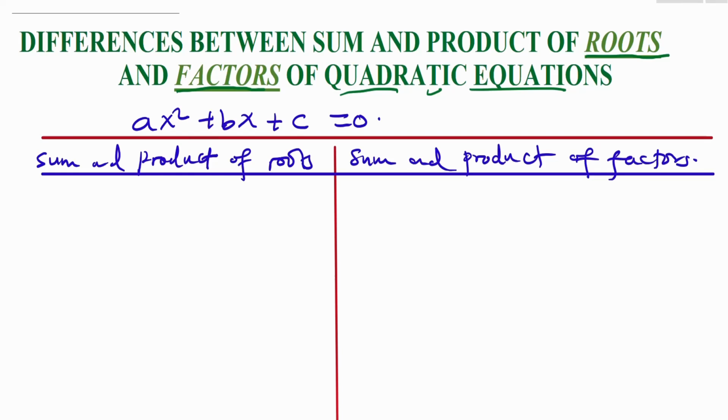On this side we have the sum and product of roots. Then on the right hand side we have the sum and product of factors. On the left hand side we are going to have the sum of roots. The sum of roots from this general form of quadratic equation is given by negative b divided by a.